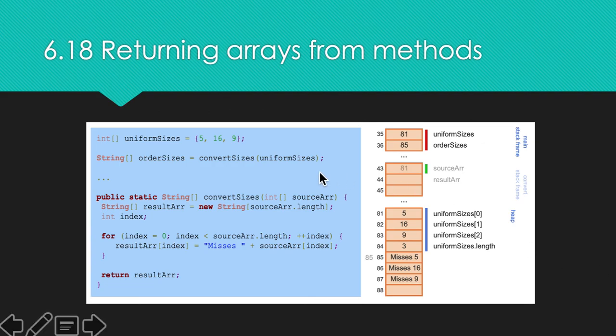In this case we have integers 5, 16, 9 over here, and from the previous example we have the initial size. From the index we have 3 elements, and the statement will print out 5, 16 and 9, from the source.